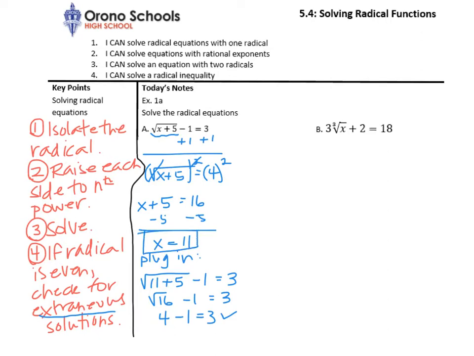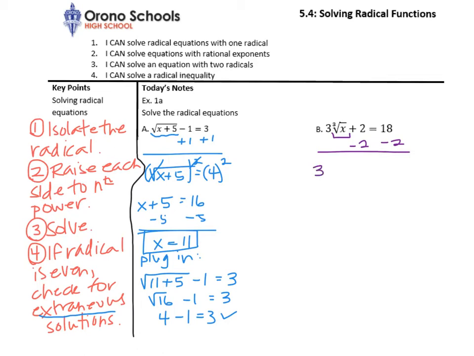Let's try the next one. Now we have 3 times the cubed root of x plus 2 equals 18. In this example, our radical is the cubed root of x. That means we want to isolate just that much of the entire left side. Thinking order of operations, we need to get rid of the 3 that's being multiplied and the 2 that's being added. But to move things over, we need to move the 2 over first by subtracting.